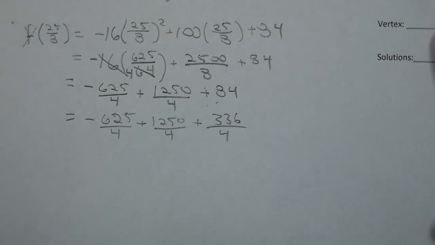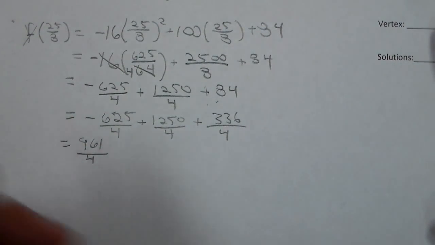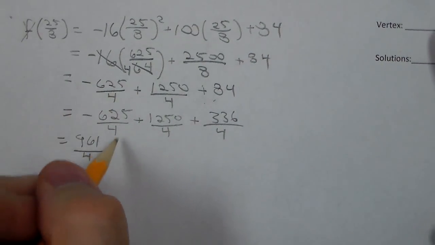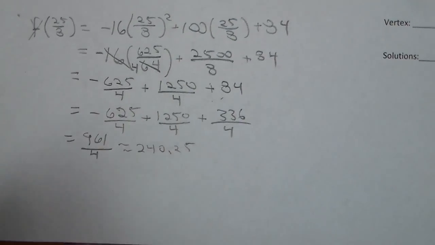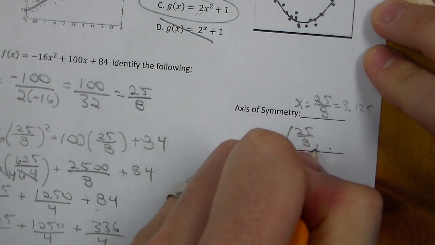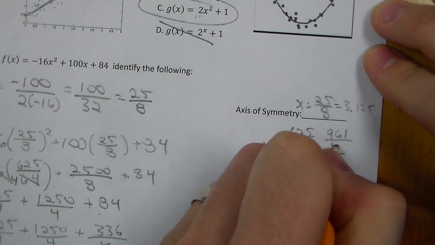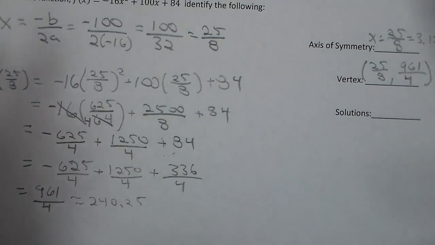So now we're going to go 1250 plus 336 minus 625 gives us 961 over 4, which is about 240.25. So our vertex, we're just going to write as a fraction. It is 25 over 8, comma 961 over 4. So that's how to get the vertex. Not very nice numbers, but we can at least work our way through it.